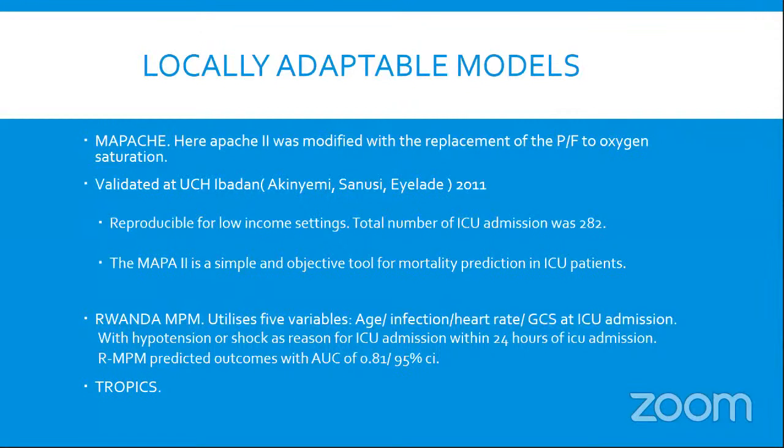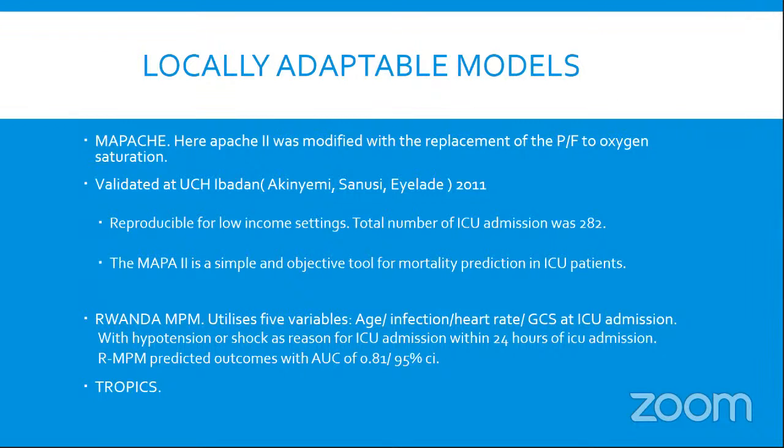Then I mentioned the locally adapted scoring systems. I've mentioned the one that was done by Akiyemi et al., and then the Rwandan mortality probability model. The Rwandan mortality probability model utilizes 5 variables: age, whether there is infection or no infection, and heart rate.